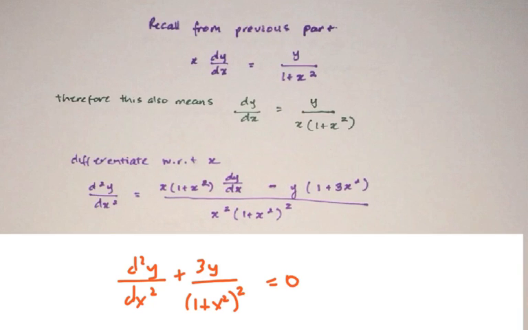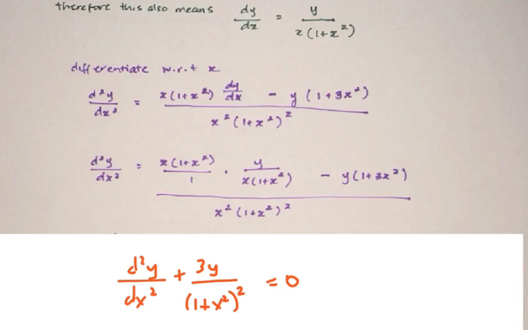So what I'm going to do is substitute dy dx, and we will recall that dy dx is the same thing as y divided by x times 1 plus x squared. So I'm going to substitute that into my equation. So now I have x times 1 plus x squared in my numerator, which can cancel with this x times 1 plus x squared in my denominator.